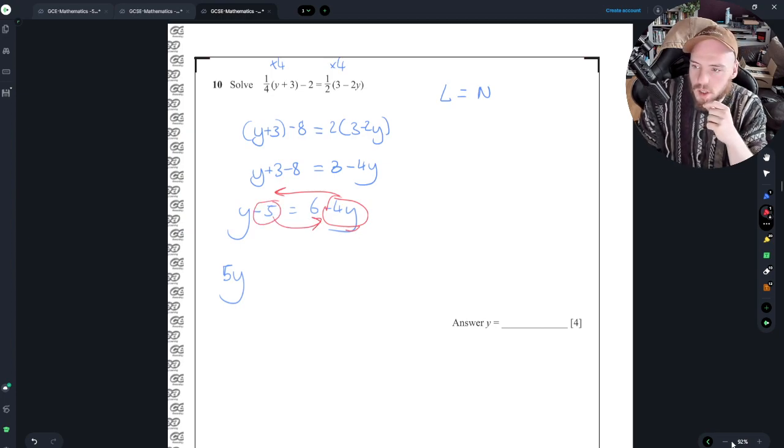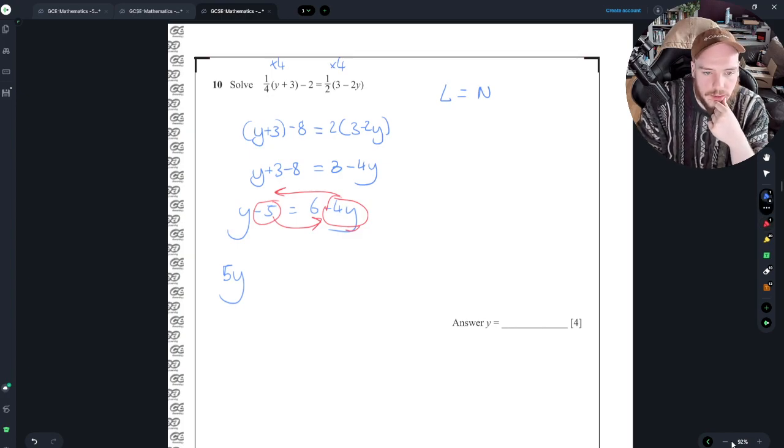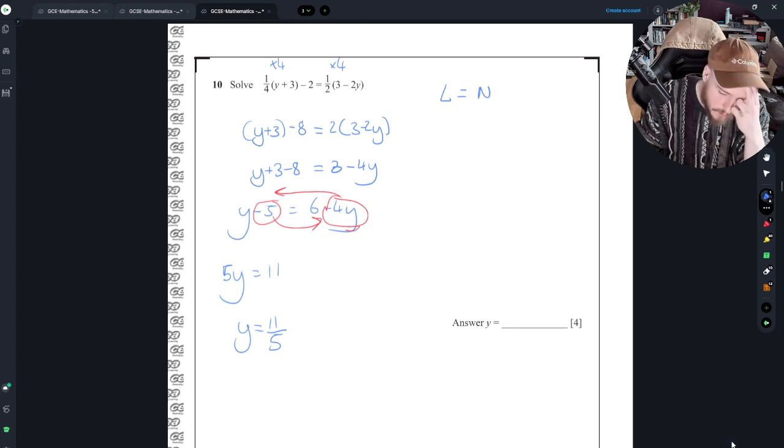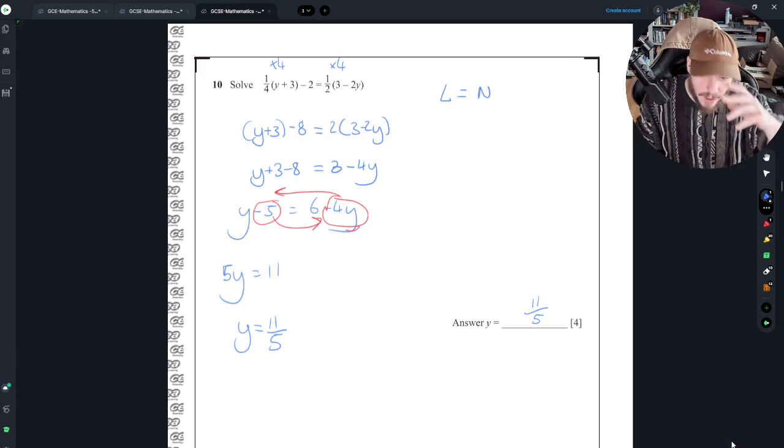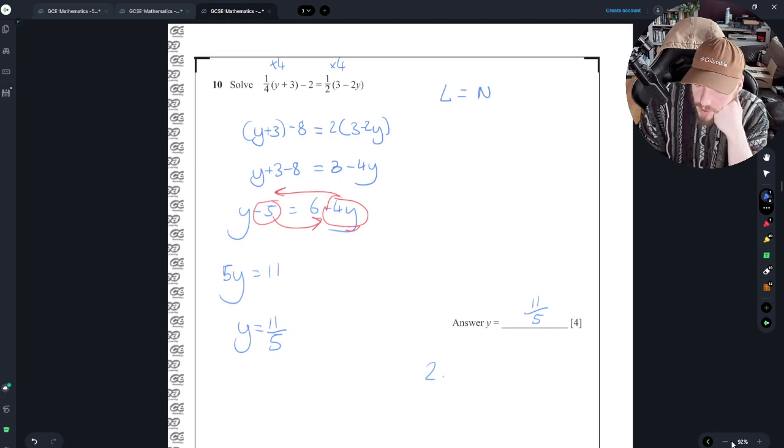That gives us 5 comes over, it becomes a positive. 5 plus 6, 11. 5 is multiplying y on this side, so it'll divide on the other side. So y is equal to 11 divided by 5. So our answer for y, 11 divided by 5, or you can go 2.2.